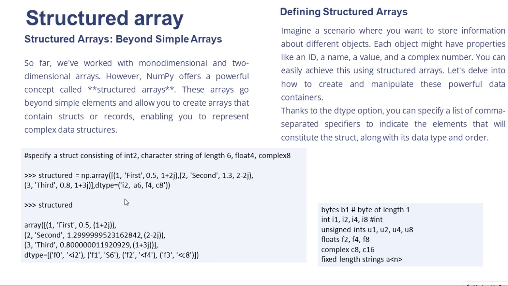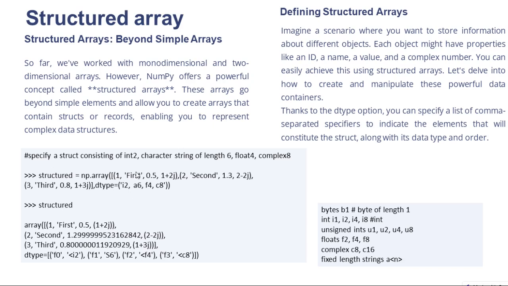So we have an option called dtype. That's how we are able to create this. Because of dtype, we are able to store all these different data types. So using dtype, you can tell what the data type of each of these objects is. After you define the list, put a comma and say dtype is equal to, within quotes, what is the first data type here? Let's say it's an integer of length 2.